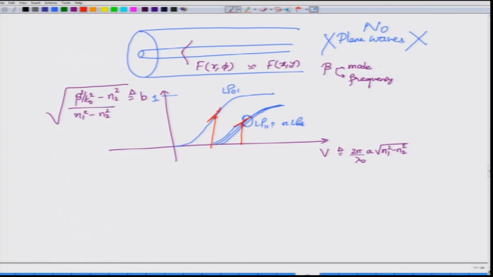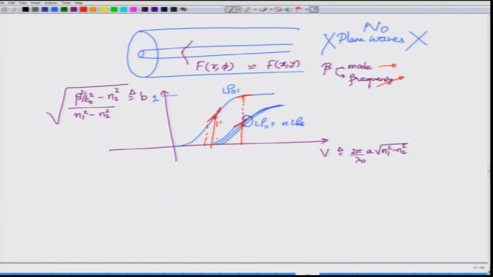When you fix the mode, since you are varying the frequency, the propagation constant would vary around this. Or if you were to fix the frequency, but you actually have multiple modes, for example in this case, then at this frequency you have one dependence corresponding to the LP11 mode for example, and then there is another dependence at the other mode LP01.